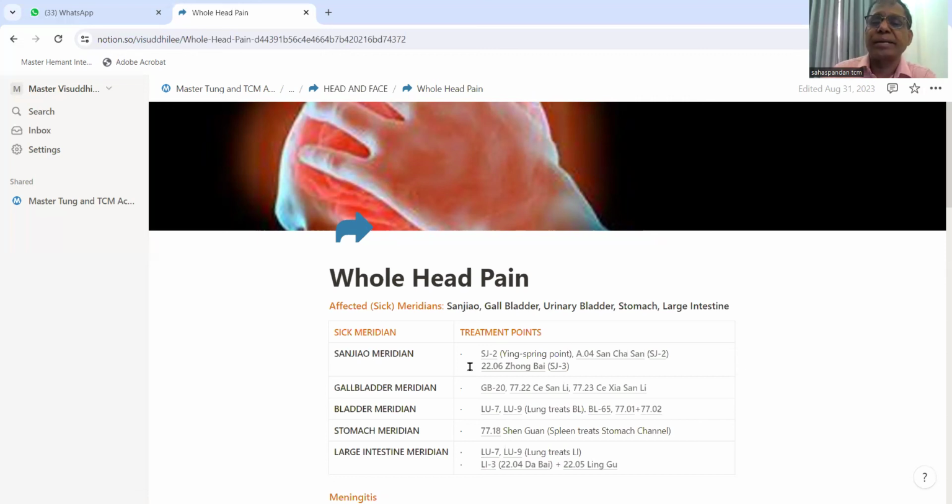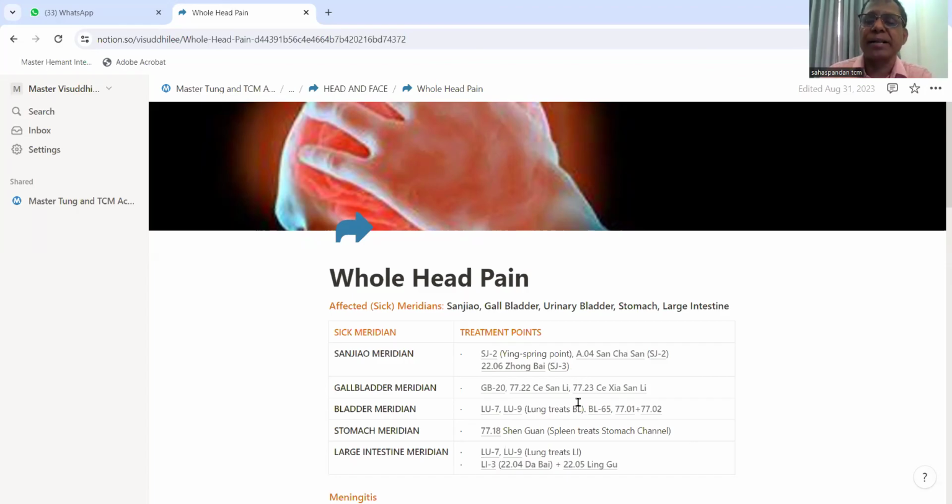If the triple heater meridian is affected, HJ2, then A.04, Sanchasan, that is HJ2. Then 22.06, Zhongbai, which is HJ3, Triple Heater 3.